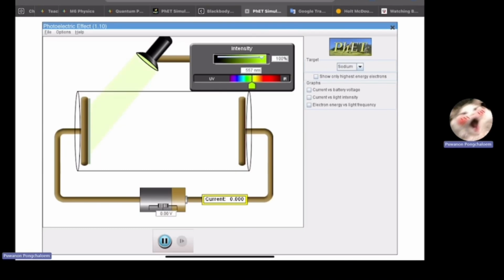Now let's increase the frequency above the threshold. Like this. Now you can see that the electrons are ejected, and increasing intensity increases the current. Now the current is 0.019. If we lower the intensity, it goes down to about 0.016.